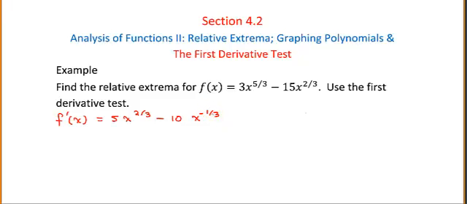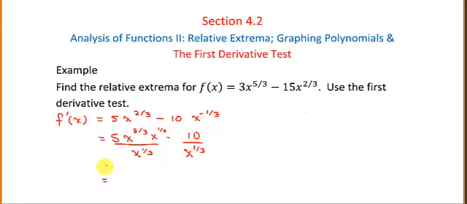Okay, so we have that. Now let's simplify this a little bit. Notice this could also be written as 5 times x to the 2/3 minus 10 over x to the 1/3. And getting a common denominator, I could multiply the first expression by x to the 1/3 over x to the 1/3.